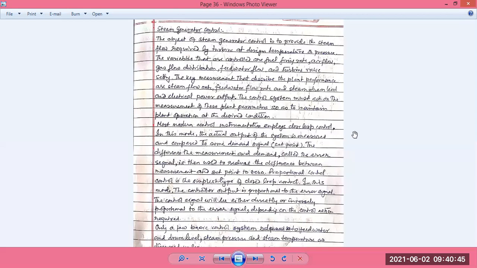All these three factors should be totally under your control, and should be totally known to you. The control system must act on the measurement of these three plant factors, so that the plant operation remains at the desired level.